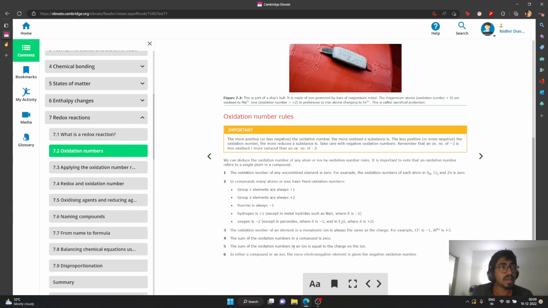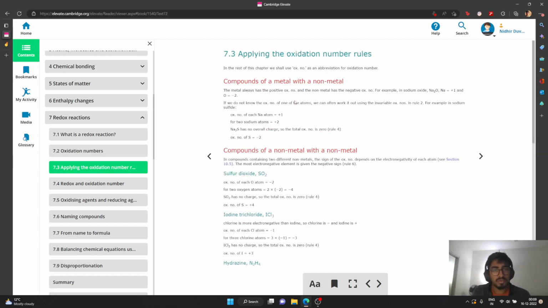This is a complicated ion like NO3 minus, sulfate, nitrate, right? In that case, the sum of the oxidation numbers of all the atoms will be equal to the charge. And the last one, which is the most helpful, is that the most electronegative element has the negative oxidation number. We'll see how these rules apply. Let's keep going. You will commit them to memory very soon.